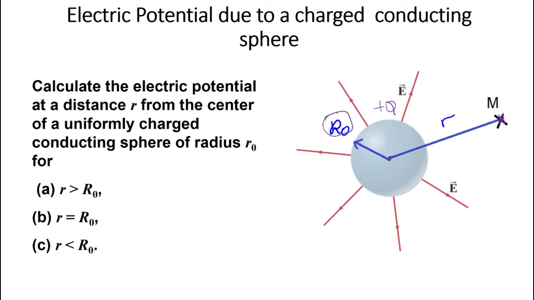So let's start with the electric potential when the distance is bigger than the radius of the sphere.